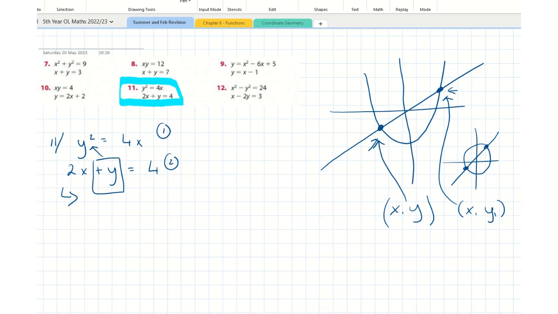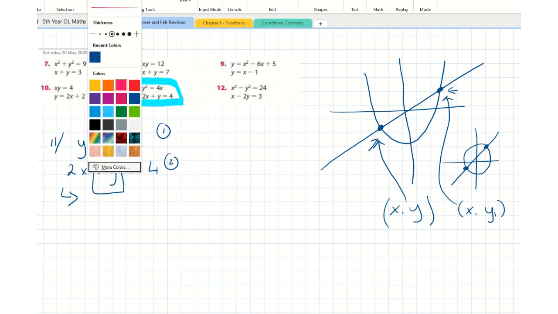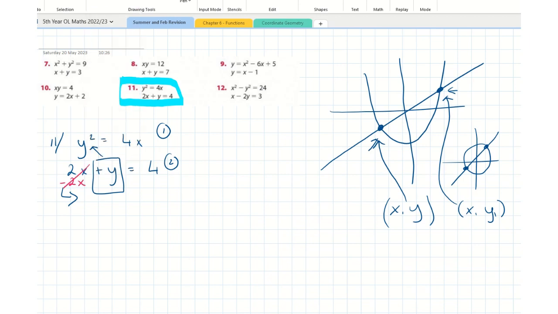If I subtract 2x from both sides here, that's going to cancel out, and I'm going to get 4 minus 2x. So on my next line, I have y is equal to 4 minus 2x. Now I'm going to put that into my equation 1.